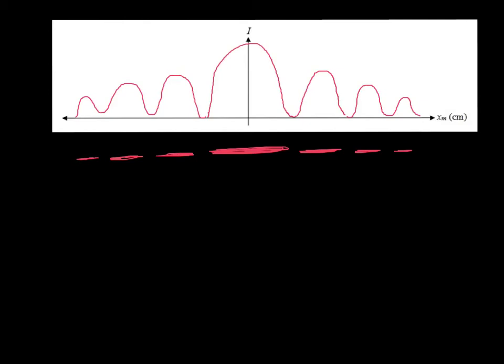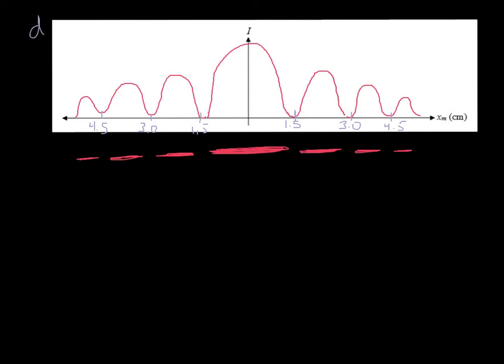So each of these dark spots, which is right here, is going to be what we got for xm, which was 1.5 centimeters. So I can say this right here is 1.5, and then to the next one, that would be an additional 1.5, so it would be at 3.0, and then over here would be at 4.5. Same on this side, we're going to have a 1.5, this would be the 3.0, and then down here would be the 4.5.